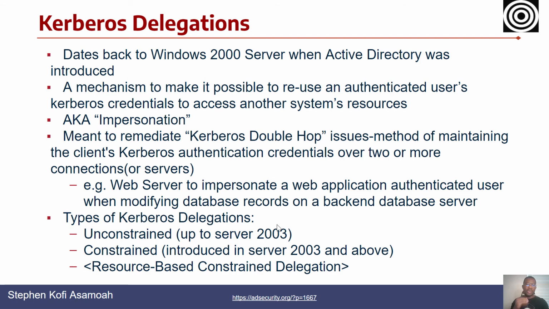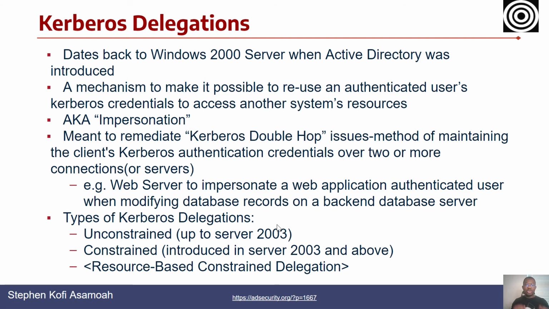So instead of re-entering their credential on the database server, the web application service can actually act on behalf of that user and then talk to the database server, hence impersonating the user. All right. So if you want to understand or have like just a layman's term for delegation, it's just basically impersonating or delegating my responsibility to someone else, right?